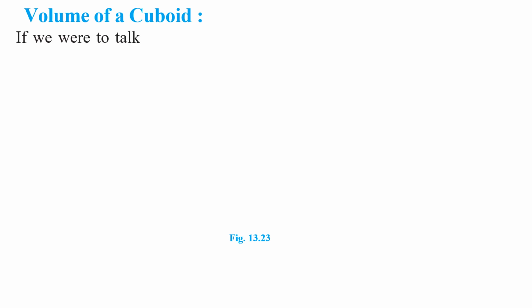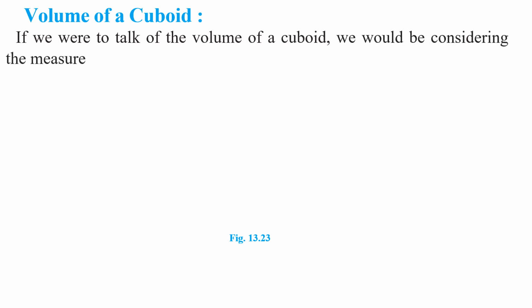If we were to talk of the volume of a cuboid, we would be considering the measure of the space occupied by the cuboid. Yes or no, my children? In the previous slide we discussed what is meant by volume of an object. The measure of the space occupied by the cuboid is said to be the volume of the object. Understood this point, my children?